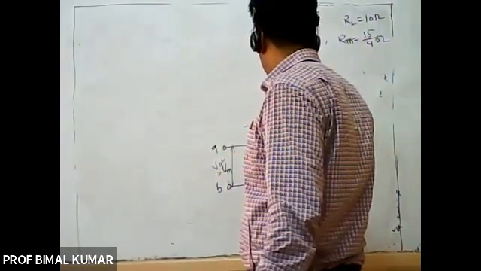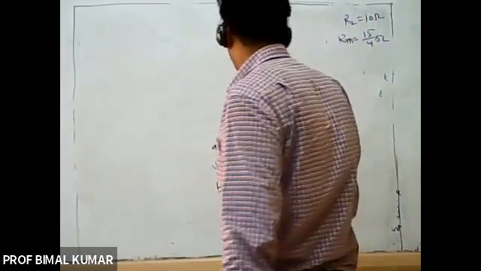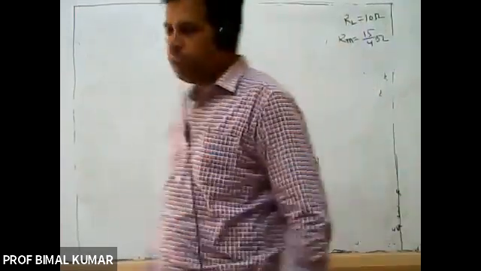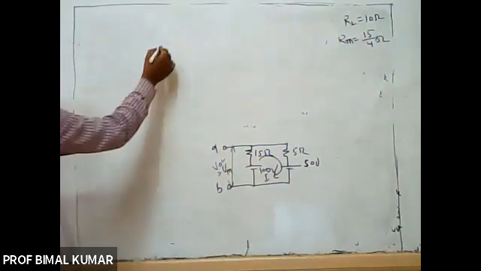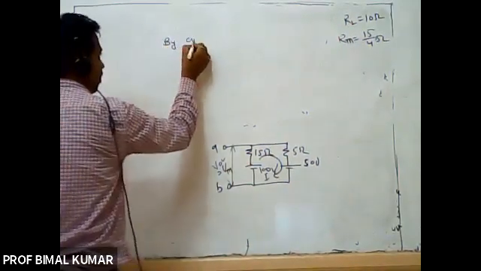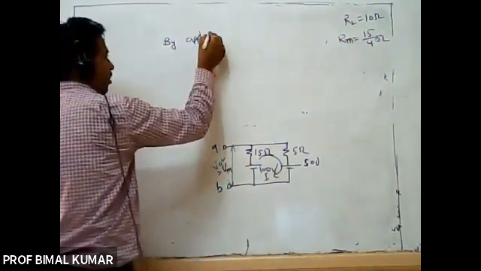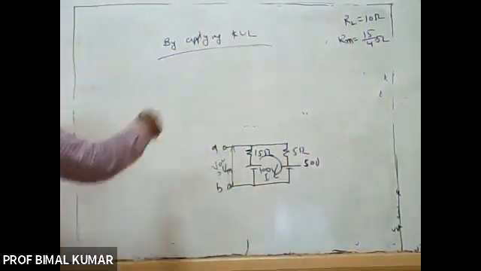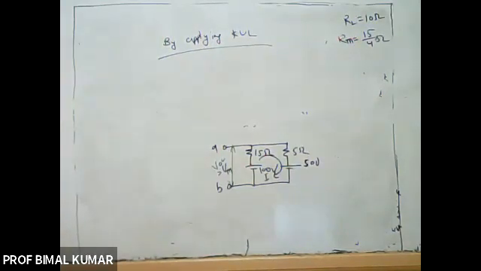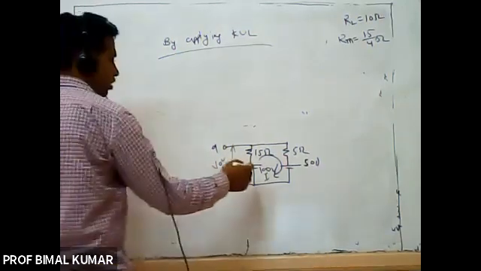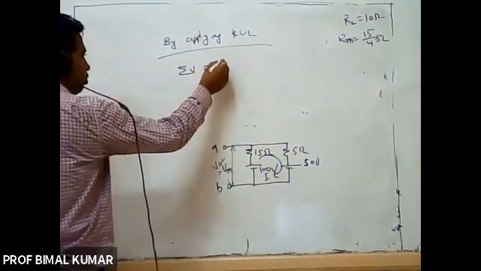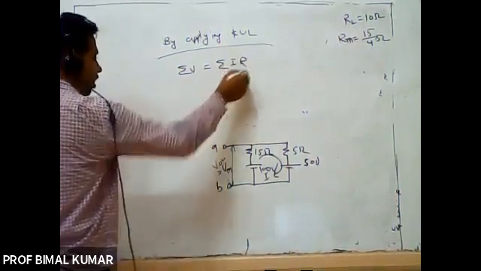Current will flow in this direction, I. So here I am applying KVL. By applying KVL, what you will get? That summation of V is equal to summation of IR.